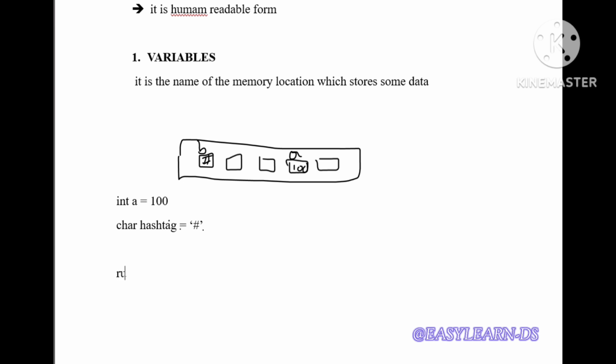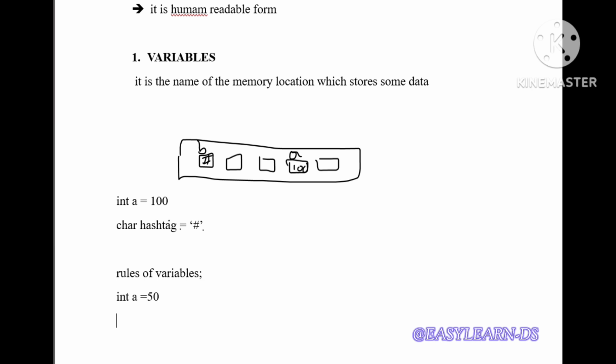Now let us see some of the rules of variables. The first rule: variables are case sensitive. For defining a variable, first of all, we should define which type it is. Either it is an integer type, and I am giving it as a equal to 50.